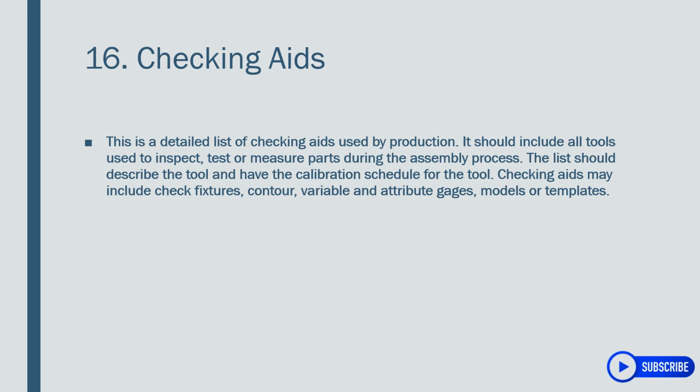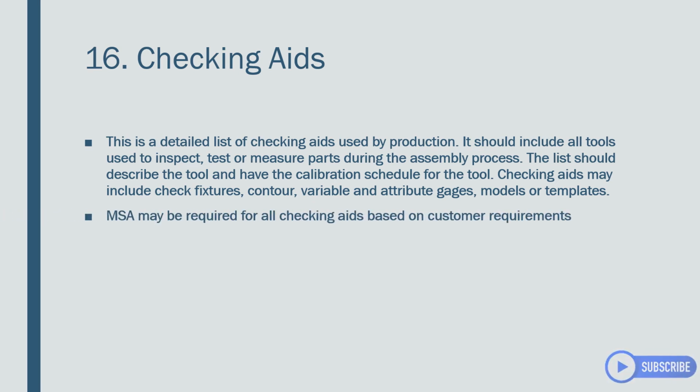Checking aids may also include checking fixtures, variable or attribute gauges, models or templates, etc. Sometimes the checking aids also have an MSA study based on the customer requirements.